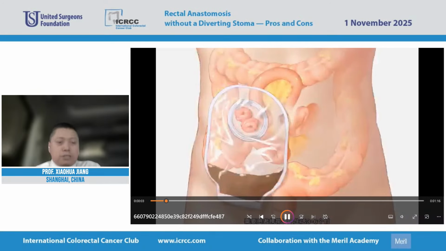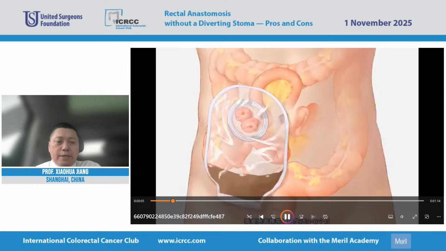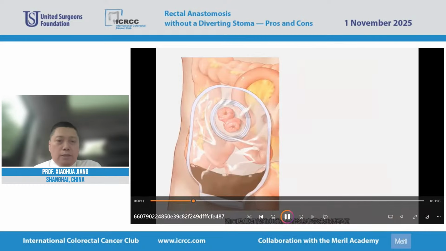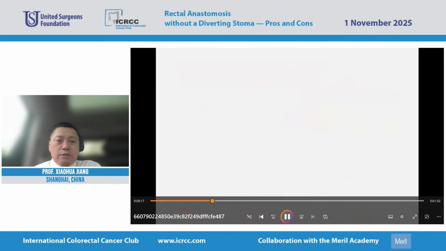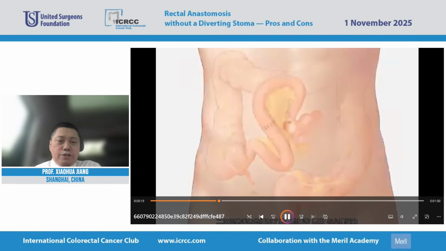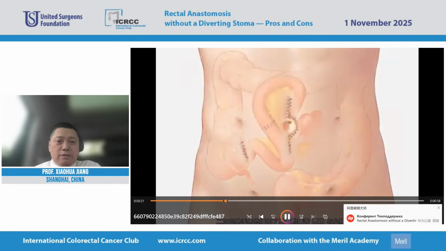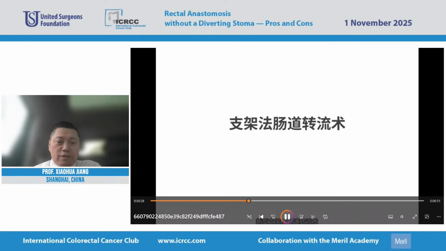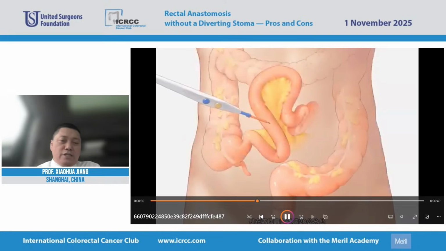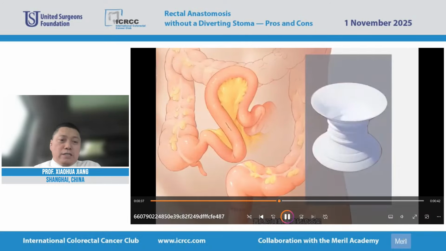So this is a traditional stoma, the loop stoma, and it has some complications. So we use the stent. First we cut around 20 centimeters from the cecum, in the ileum, and make an incision.